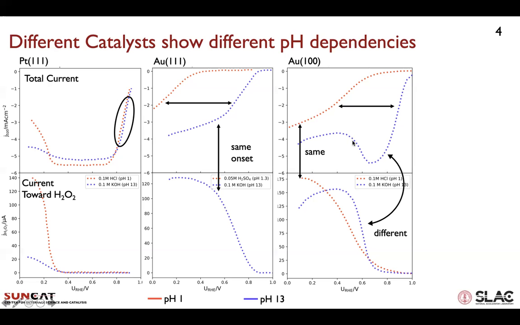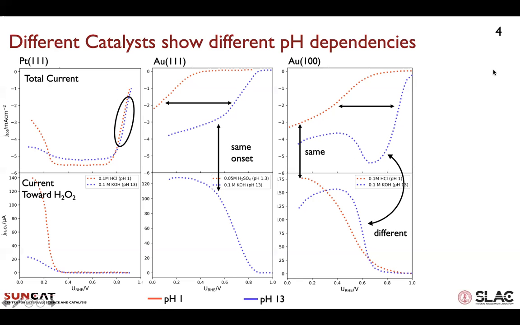However, on gold 100, while in acid, in red here, we have the same onset potential for the 2-electron and 4-electron processes, in base we see that the 4-electron process has a much higher onset potential than the 2-electron process, and it's therefore more active and a good 4-electron catalyst.